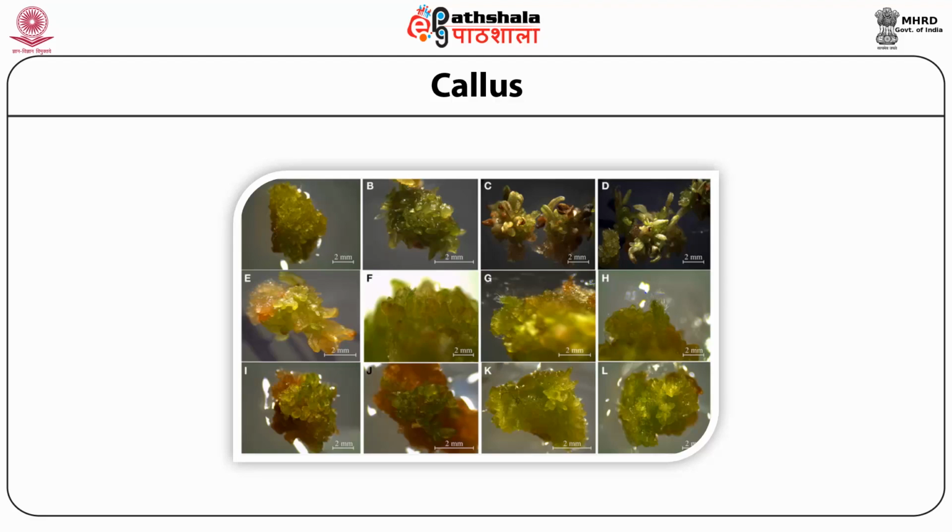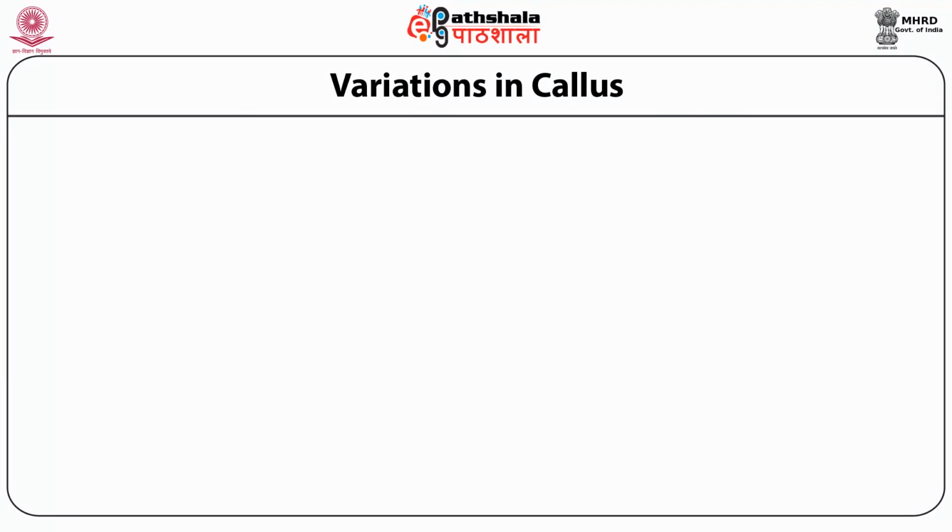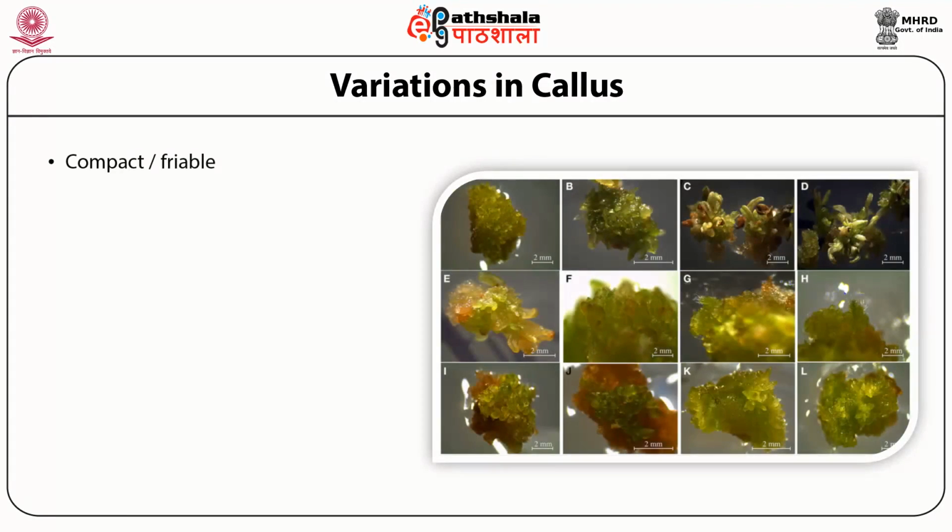Now, depending on the explant and the media constituents, variations in terms of color, texture, compactness, and even chemical composition are reported. And broadly, calli can be classified as compact, friable, dry, wet, light, dark, and so on. Interestingly, all these forms are interchangeable, and different types can be observed by changing the media constituents.